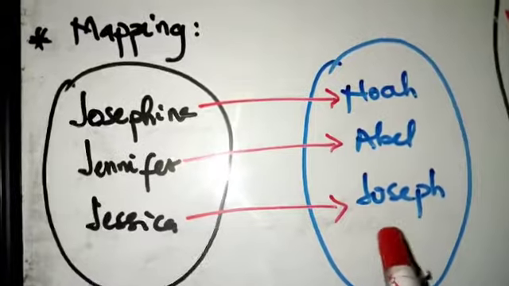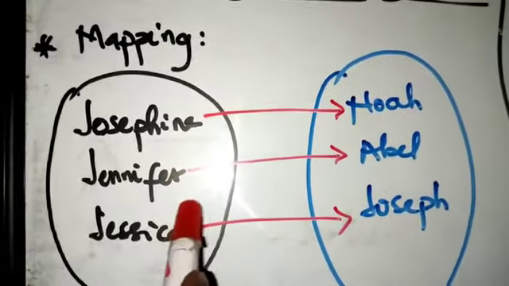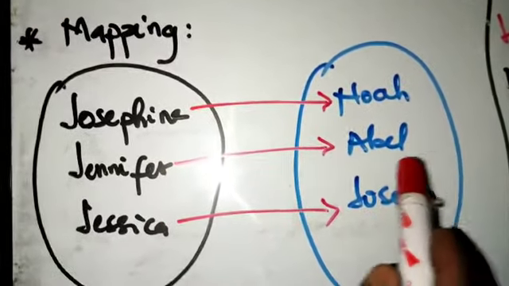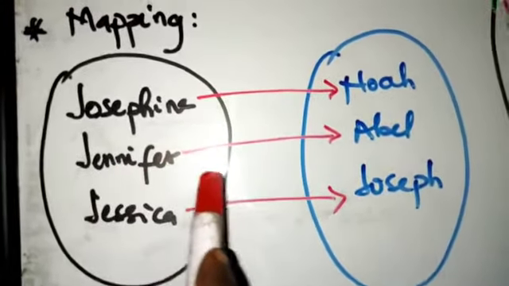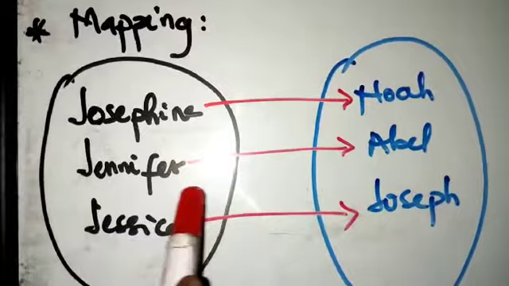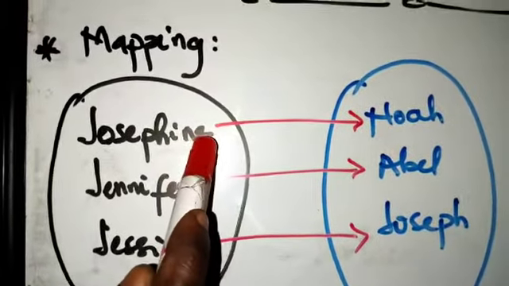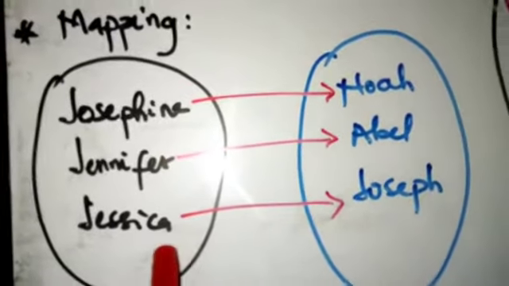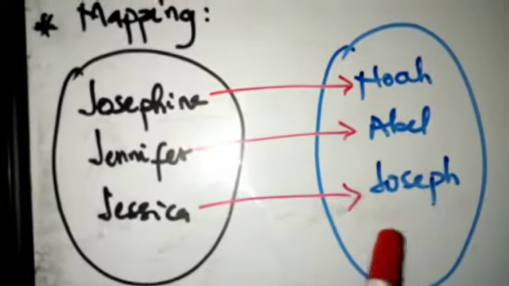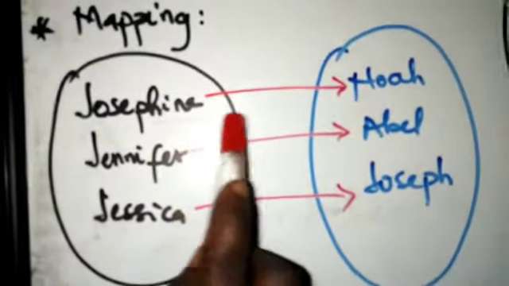And the second one is that you have to make sure that each one of you has only one partner. Should in case Josephine belongs to Noah, that is okay. Jennifer belongs to Abel, Jessica belongs to Joseph, that is okay. You can see that everyone has only one partner.